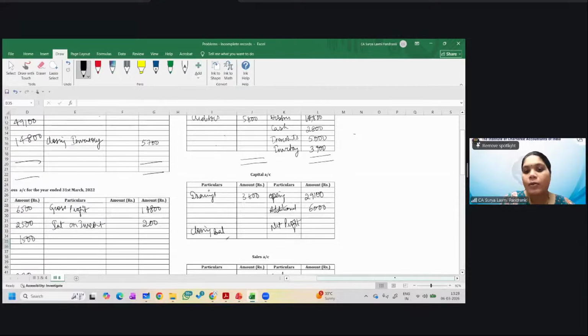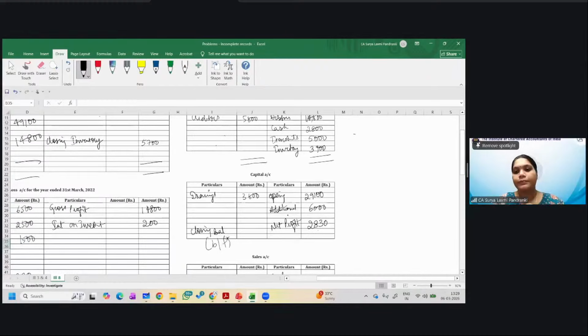Okay. So now what is the closing balance of my capital account? Balancing. That's how I'm going to get the capital balance. How much is the closing balance of capital account?